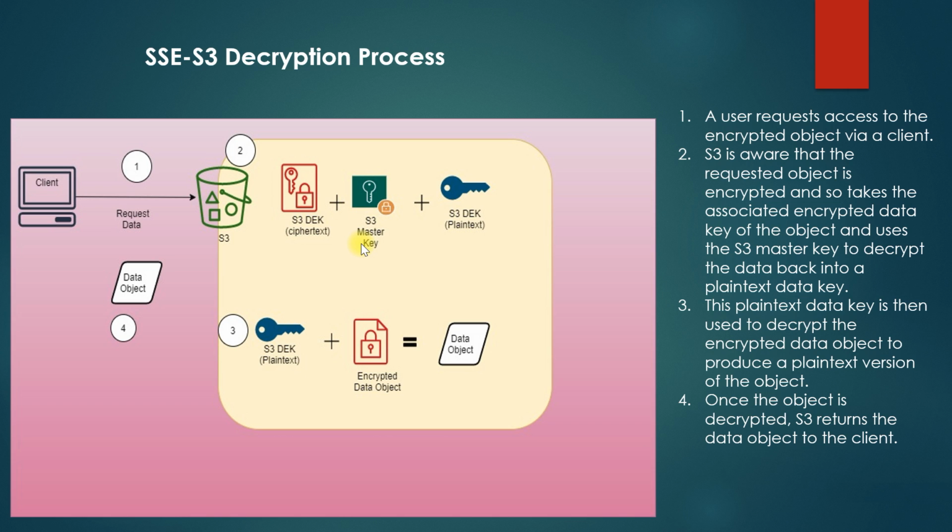With the help of the S3 master key and the ciphertext data encryption key, we will get the plain text version of the data encryption key. And with the help of the plain text data encryption key, we will decrypt our encrypted data object, and hence we get the plain text version of the data object, which will then be sent by S3 to the client system.